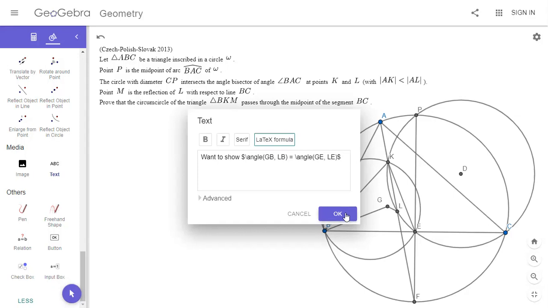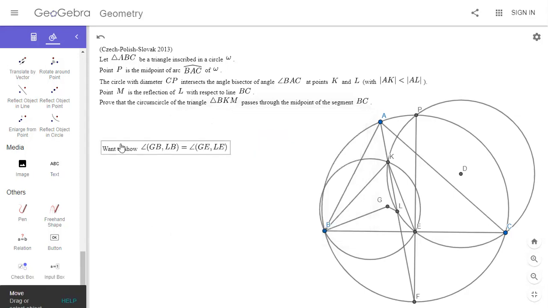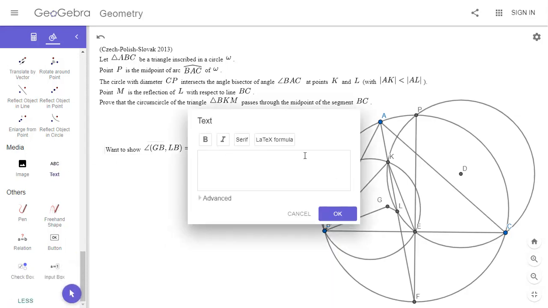But we have the angle that GB makes with LB is equal to the angle that LB makes with KE. Now that angle I think we can calculate.